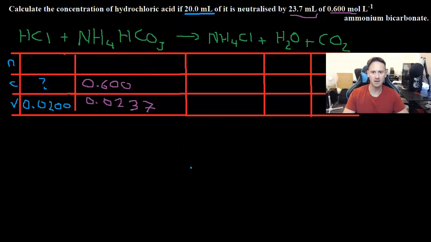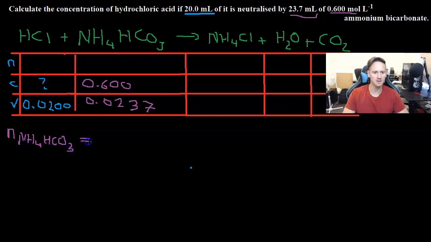So the first step is you want to calculate the number of moles of your known substance. And our known substance is the ammonium bicarbonate because we have two values, and we can calculate the number of moles, which is the number of particles that's reacting for this reaction. So our first step is going to be number of moles of NH4HCO3.